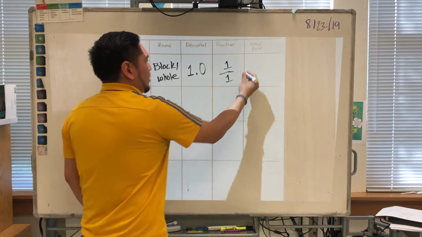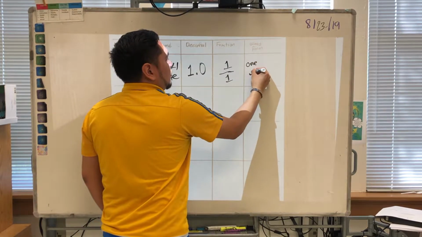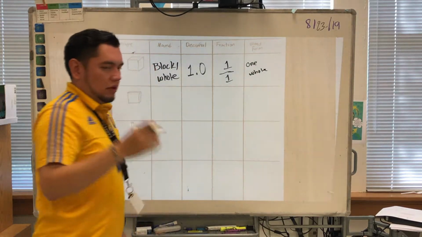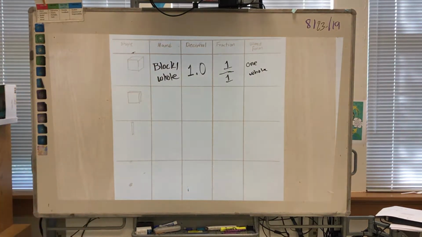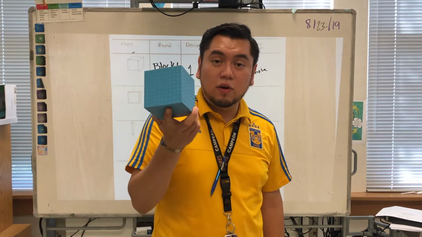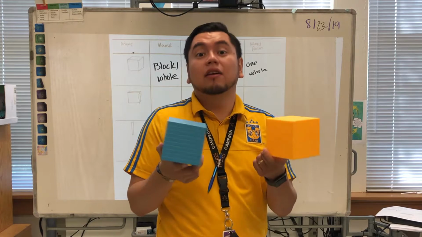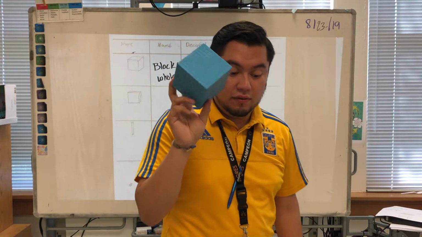So here we're gonna write 1 whole. Now, before we move on to the second one, let me just reiterate that this is 1 whole, and if I have 2, now it's gonna be 2 wholes. But remember, this is 1.